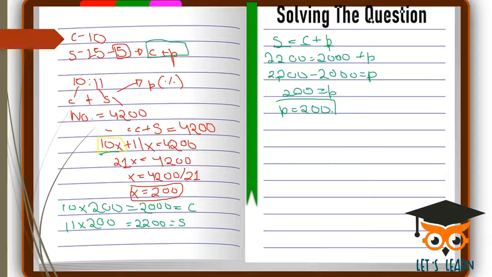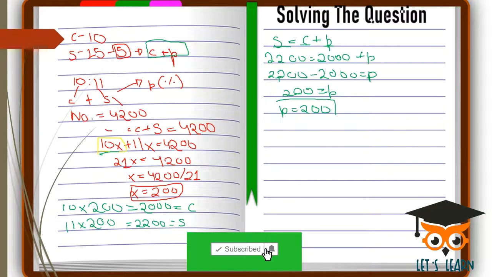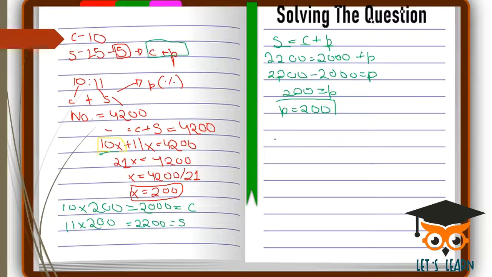Now we know the profit, but what will be the percentage? For finding the percentage, I have made another video. The video before this was regarding this topic, what is percentage and how we can solve percentage related questions. You can watch it. Now we will find what percent 200 is of 2000.